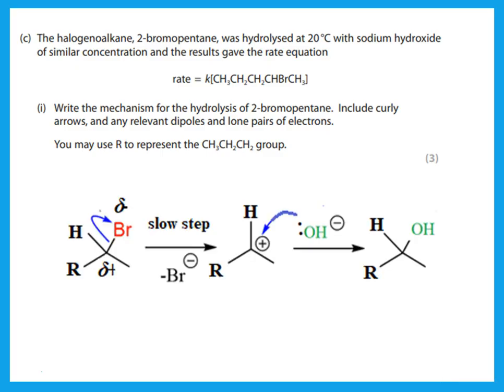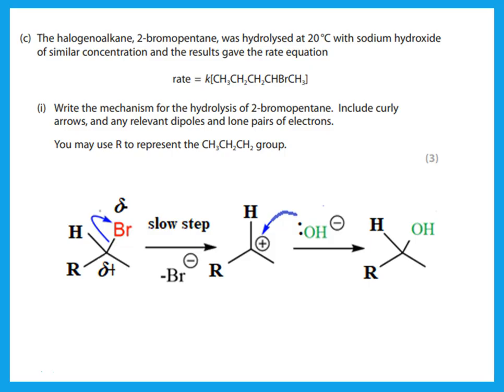That means we start by the carbon-bromine bond breaking to form the Br minus. This is the slow step. Remember that this happens because the carbon has a slightly positive charge and the Br has a slightly negative charge. So he's talking about relevant dipoles, so I have to include that.